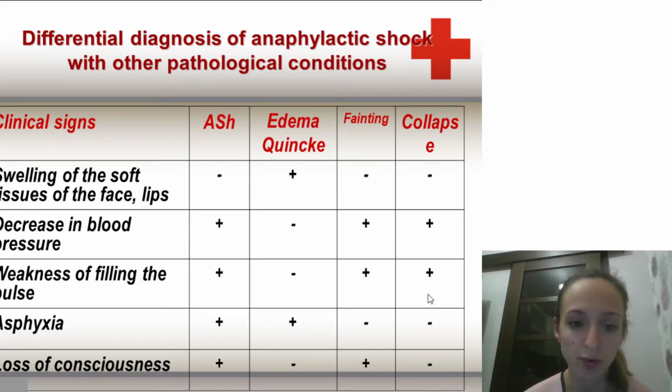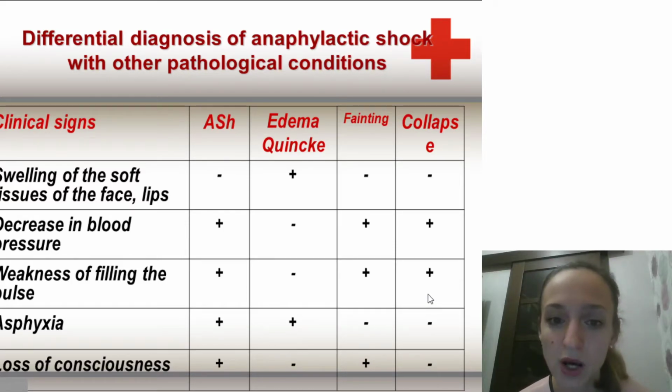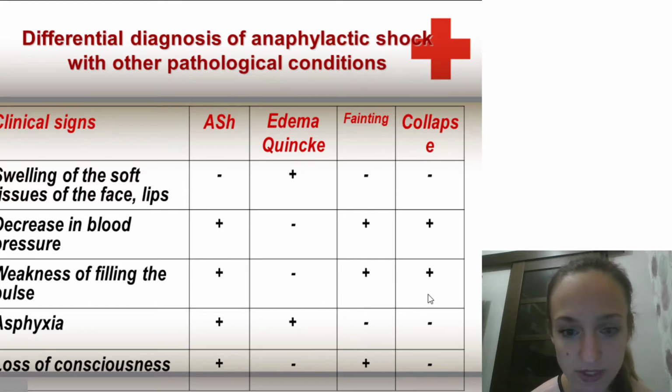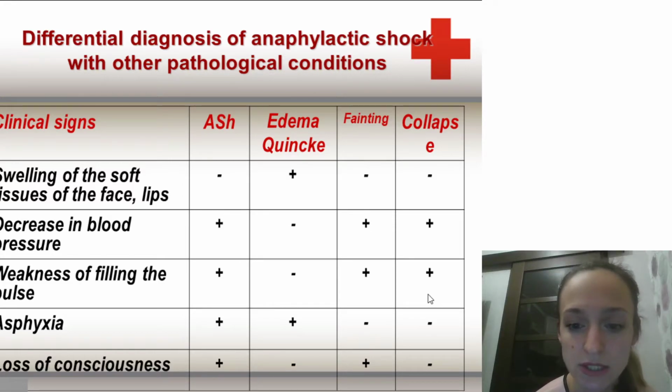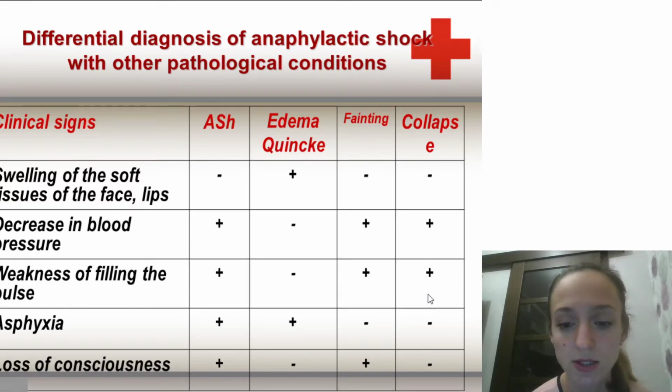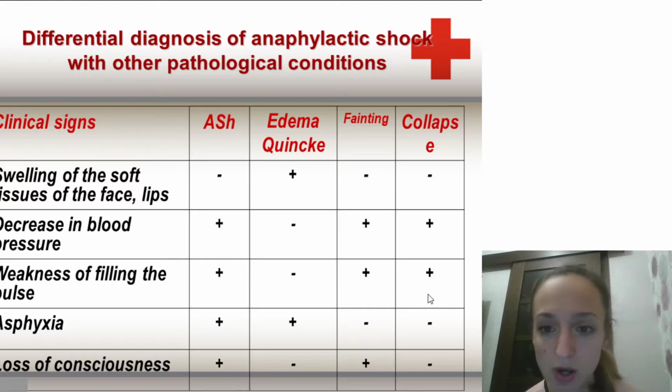Decrease in blood pressure is a plus for anaphylactic shock, fainting, and collapse. Weakness of the pulse is a plus for anaphylactic shock, fainting, and collapse. Asphyxia is a plus for anaphylactic shock and Quincke's edema, and loss of consciousness is a plus for anaphylactic shock and fainting.